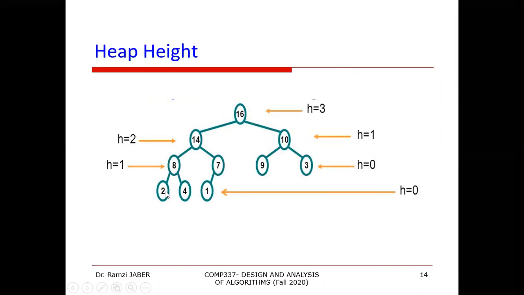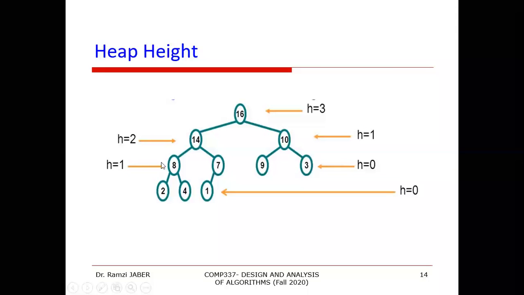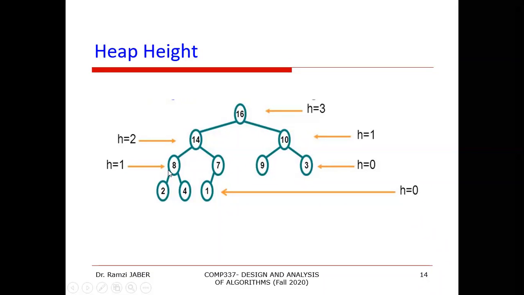Here, the same example. We have height equal to 0 at the bottom. 8 and 7 have height equal to 1, with 1 edge. Node 14 has height equal to 2, with 1 edge here and 1 edge here. For the root, from the left side we have 3: 1, 2, 3. From the right side, here we have 3 and 9 with height 0, and 10 with height 1.